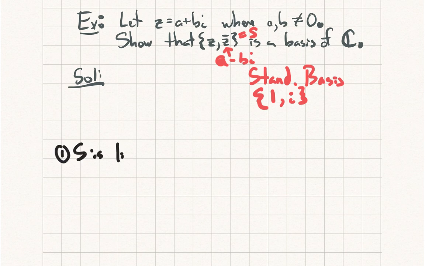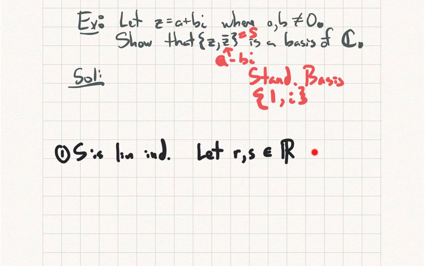is linearly independent. So we need coefficients, let's call them r and s, in the real numbers. Remember, the set of scalars for the vector space of the complex numbers are real numbers.